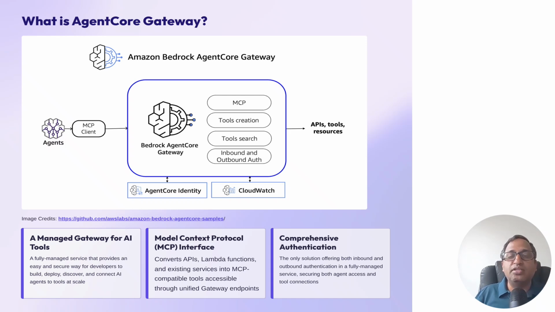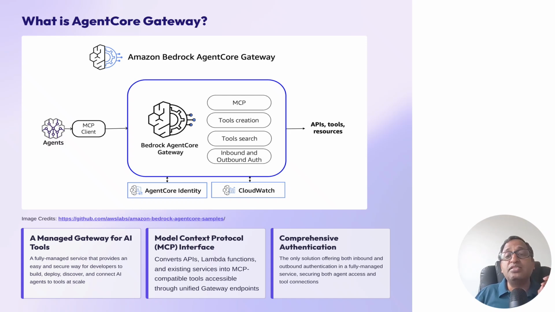On the left in the diagram below, you can see agents talking to the gateway via the MCP client. That's the Model Context Protocol, which standardizes tool communication across services. Once connected, the gateway handles everything from tool registration, discovery, search, and invocation, to both inbound and outbound authentication, all from a single interface.